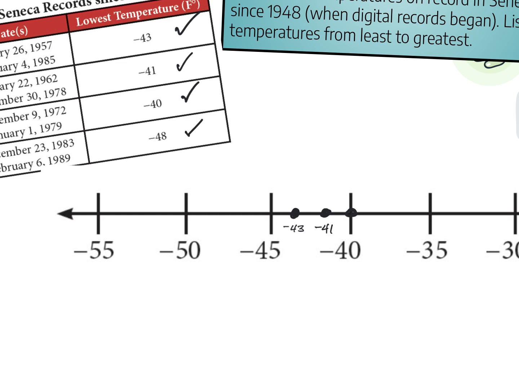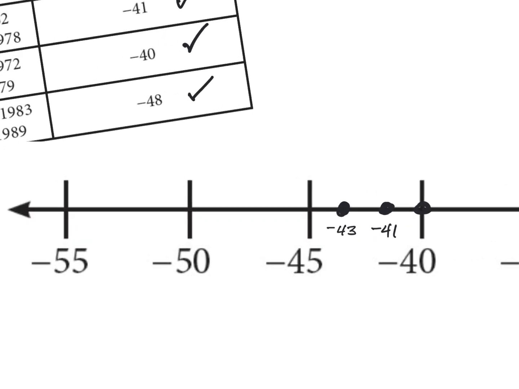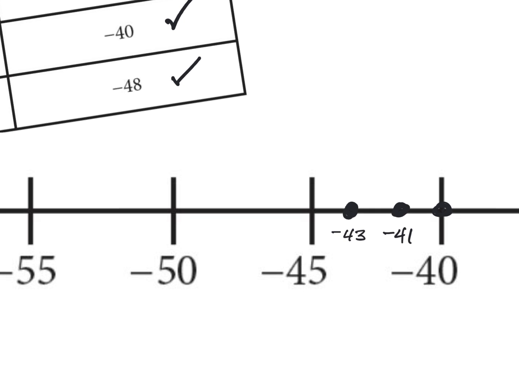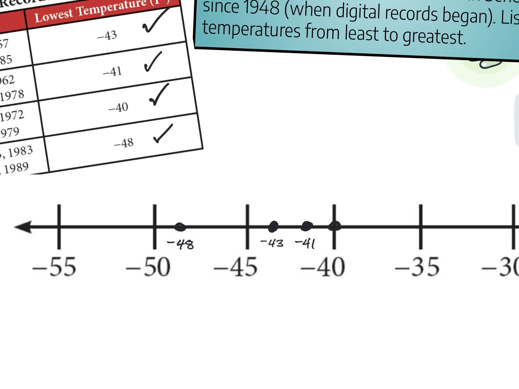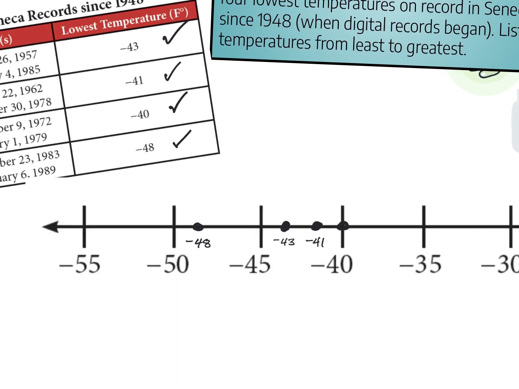Negative 48, which is between negative 45 and negative 50 and closer to negative 50. Negative 48 right there. It is pretty apparent that the lowest value, the lowest temperature from that table is negative 48. The highest temperature from that table is negative 40, and that's because of their positions on the number line.